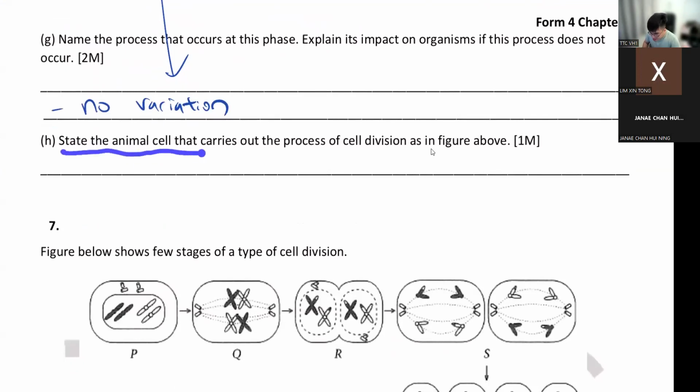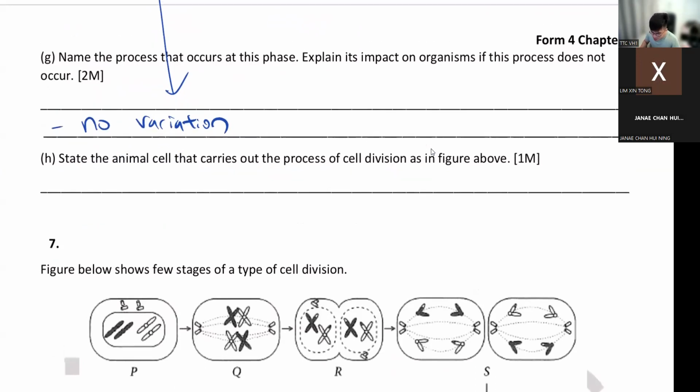State the animal cell that carries out the process of cell division as figured above. Which cell will do this? You can say your reproductive cell. You want to say sperm or ovum also can.